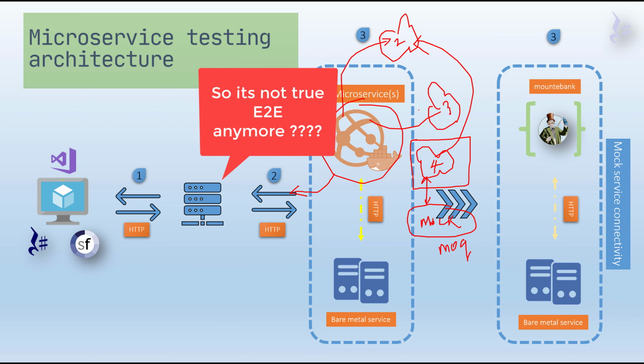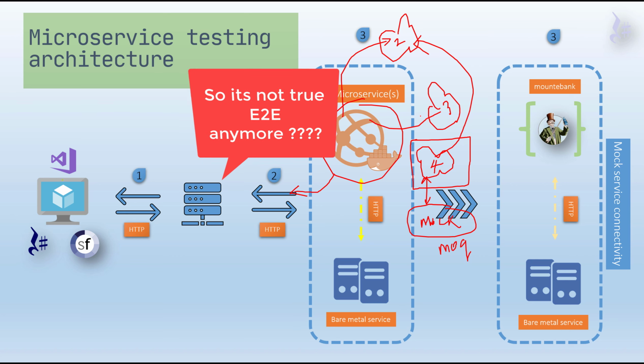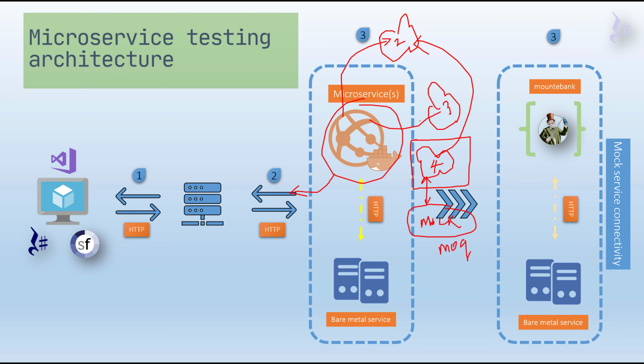But at this point, you can see that the concept of what is called an end-to-end test fades away, because you cannot really do a complete end-to-end test, because you are doing a virtualization here, making the test a little less realistic than the actual realistic testing if service 4 actually exists.